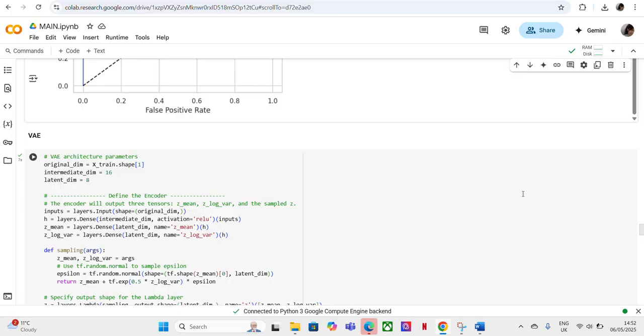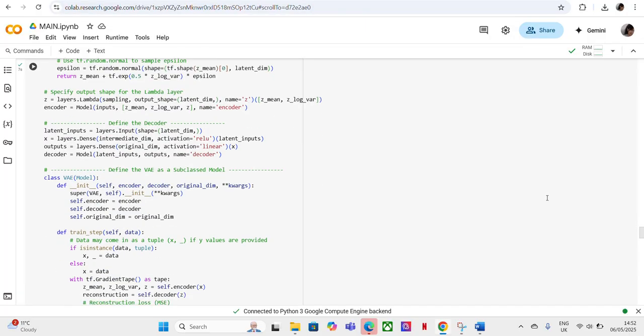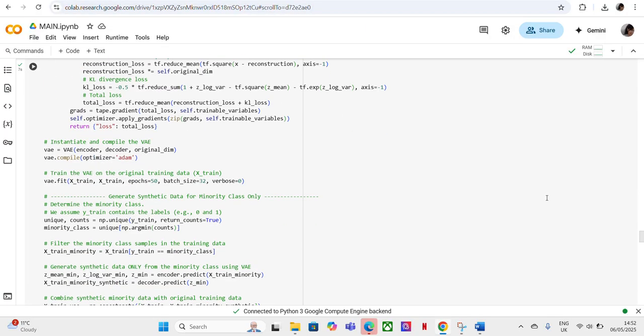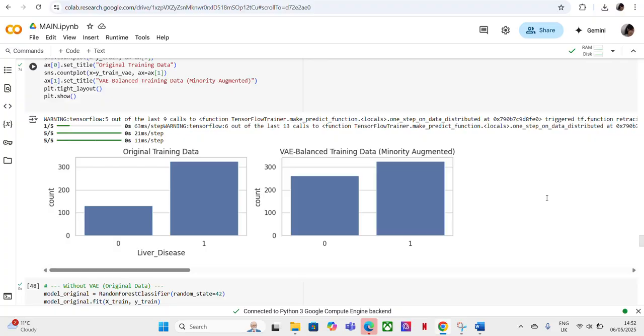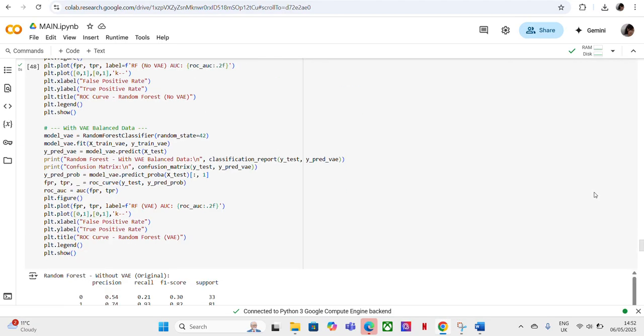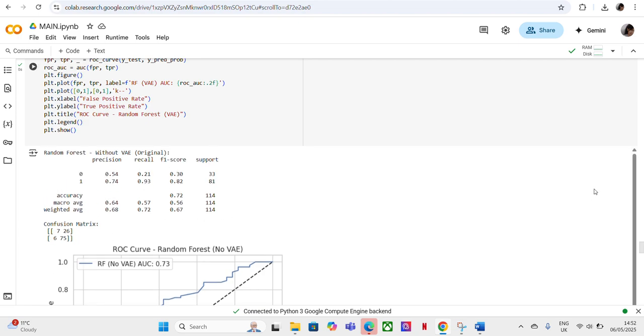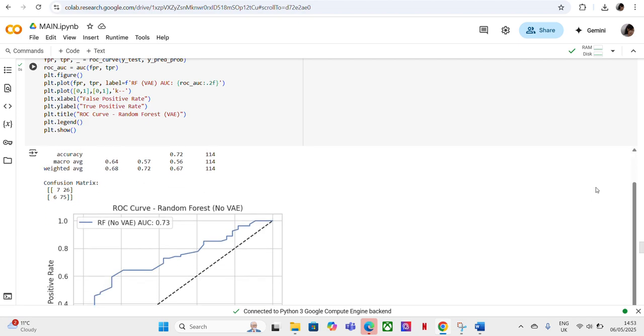Other than SMOTE, VAE is also applied to all the algorithms and models. This is the original training data, and after balancing we can see the difference. Random forest without VAE has an accuracy of around 72%, with 7 out of 33 class 0 predicted correctly.